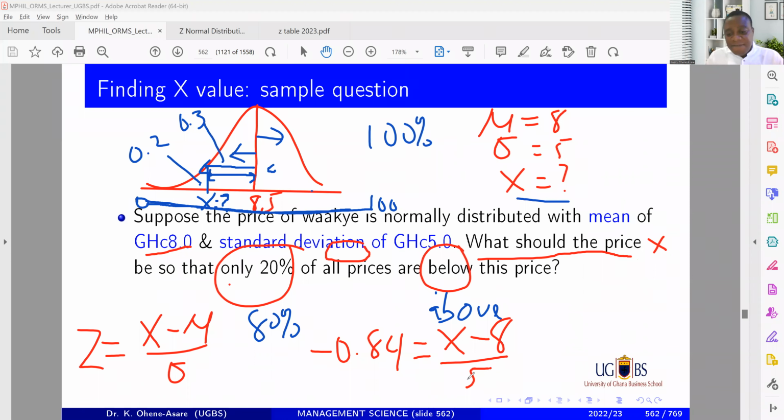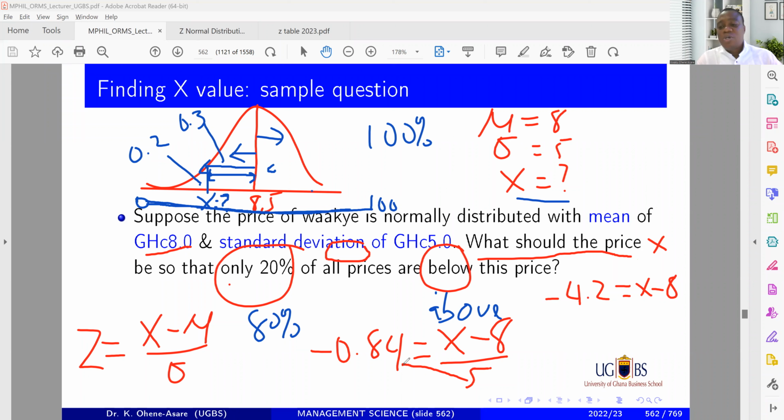At this stage, you can use change of subject to find the value. Multiply 5 by negative 0.84, and then group items. When you take a calculator and multiply, I'm doing this one for you, but I know that you should be able to do it all by yourself. 5 times negative 0.84 will give you negative 4.2, which will be equal to X minus 8.